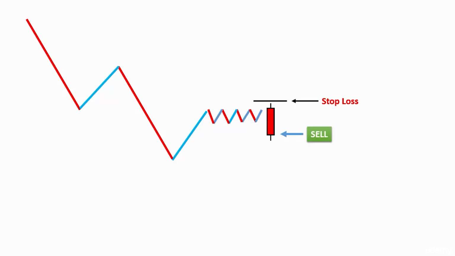And then to target for the profit, we will use the Fibonacci expansion tool. So select the Fibonacci expansion tool from the charting software and then drag it from the Fibonacci point A, which is the previous lower high level, to the Fibonacci point B, which is the current lower low level, and then adjust the Fibonacci point C at the exact retracement level, which is the current lower high level in the downtrend.